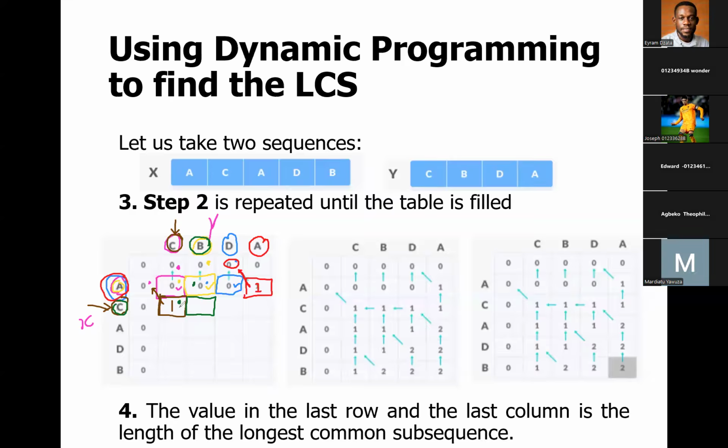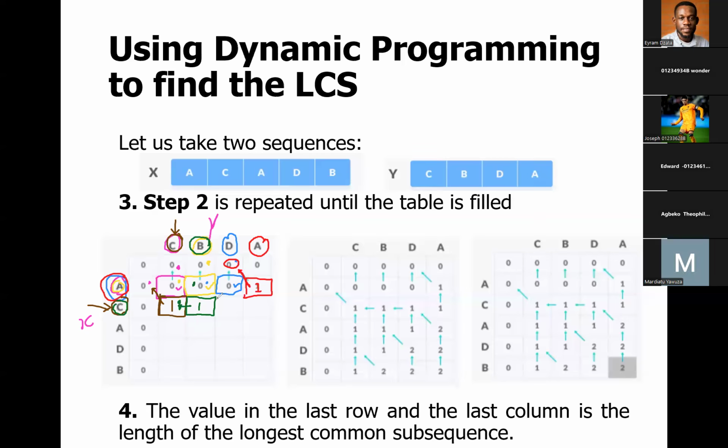The maximum number is 1. So we put 1 here, and our arrow should be on 1. You get it? Yes, sir. Please, are we all here? Yes, sir. Okay.